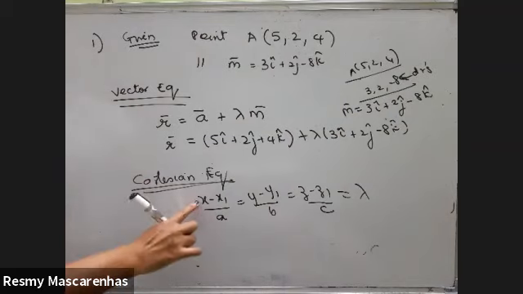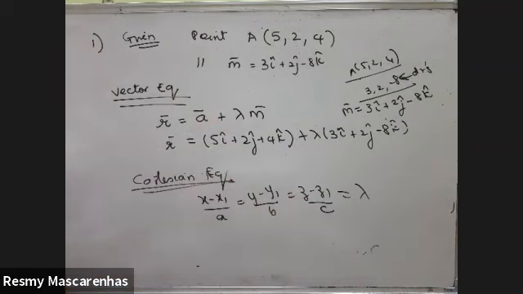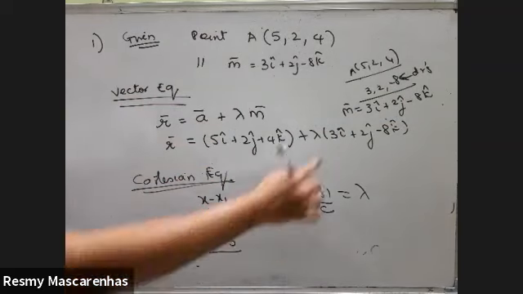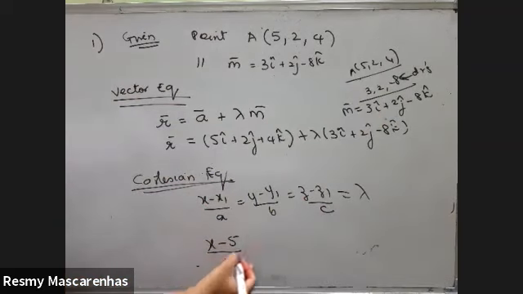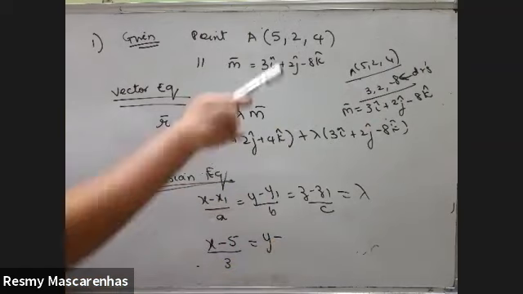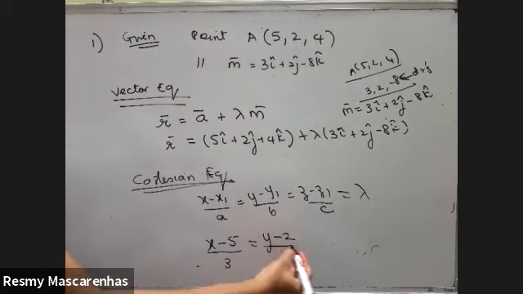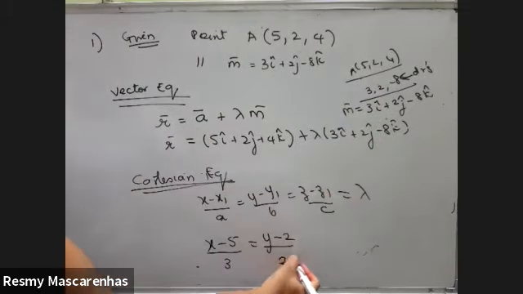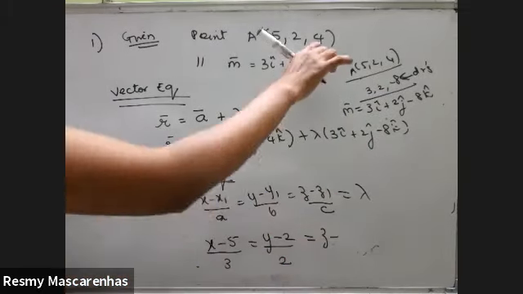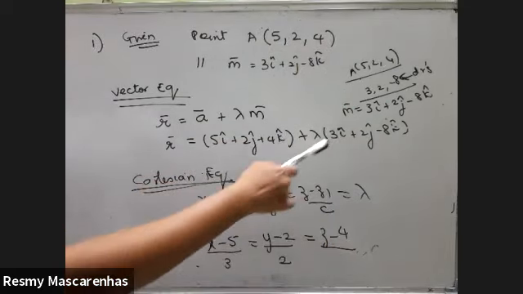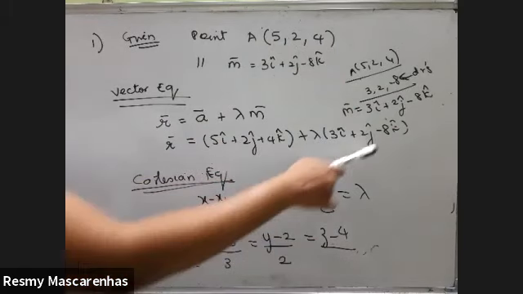So now substitute; x, y, z is never to be substituted. So this will be x minus 5, the point, upon your first direction ratio, that is 3. Second, the y part: y minus 2 upon the second direction ratio, which is 2. Z minus the point is 4. You can check here also, see 5, 2, 4, and the direction ratios are at the denominator.